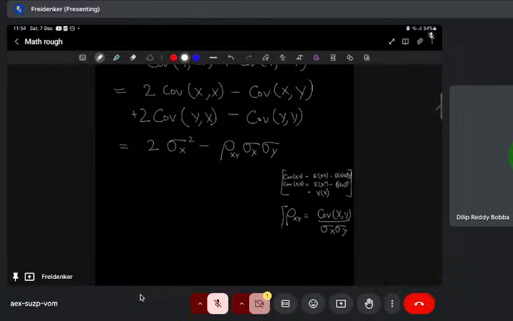From here I got my covariance. And covariance y comma x, covariance x comma y, the order doesn't matter. So minus 1 plus 2 means plus 1. So you get plus here. And then minus covariance of y comma y, which is nothing but sigma y square. Done. Now it's a matter of knowing what is sigma x and what is rho xy and all of that.